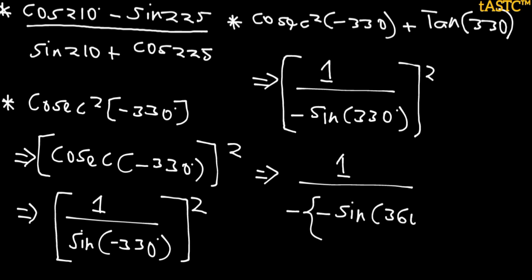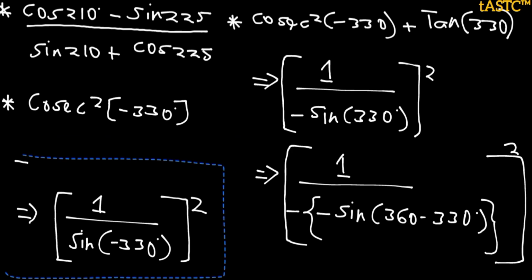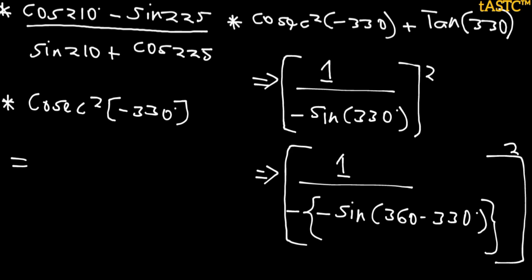So this will be 360 minus 330, and all this is to the power of 2. Now we know obviously this is going to create a positive. So therefore we're going to have a 1, and this will be divided by sine 30.